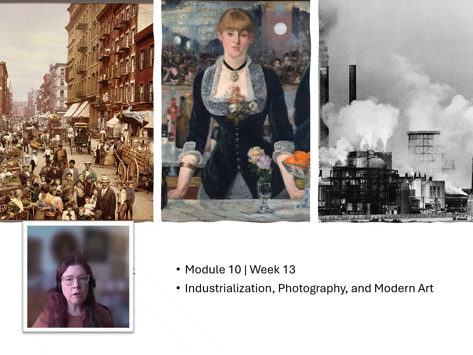So let's start on the left side. What do you notice here? You see a crowded city street, people packed together, vendors, movement, noise. This is what life starts to look like during the industrial era. People are moving into cities in huge numbers.